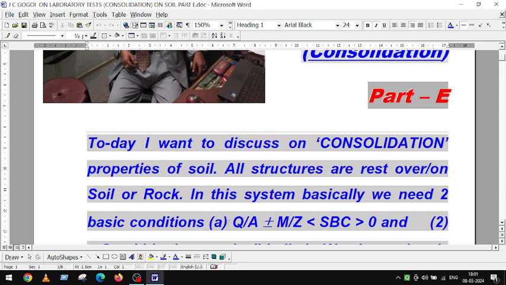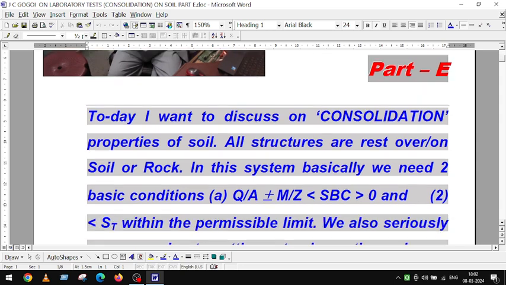One is the ultimate unit pressure, technically or shortly which we call QA plus minus m by z. It shall be more than the SBC and more than 0. This is the shear failure criterion, and the other is settlement within the permissible limit.